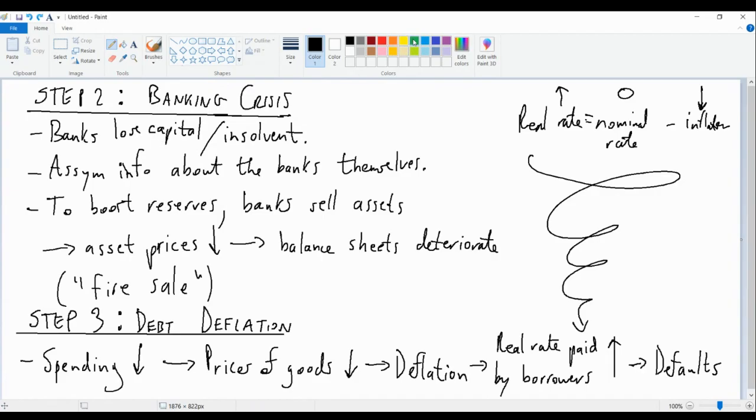So what if you could avoid that? How might you avoid that? Well, what if the government comes in and just gives money to the banks and says, here's some capital? That might work. Whether it would be politically popular or not is another matter, but that's one possibility.